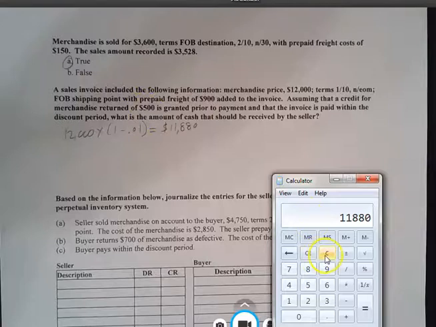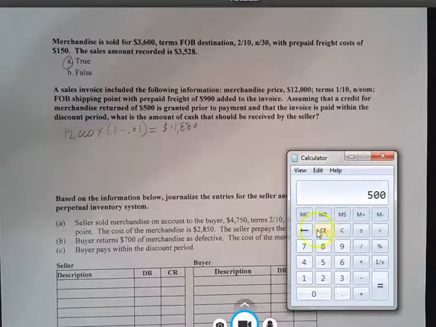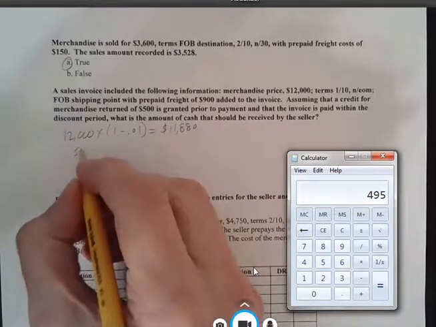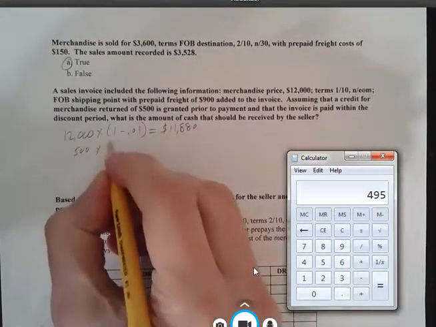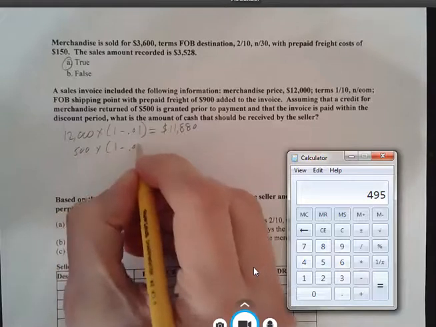Okay? But we're also going to get this, you know what, I'm going to skip to the $900 last. $500 is returned. So that $500 is based on the list price of that merchandise, but it also has to be multiplied by 0.99 because that is being returned and the seller's not going to get that money. So we're going to take $500 times 1 minus 0.01.